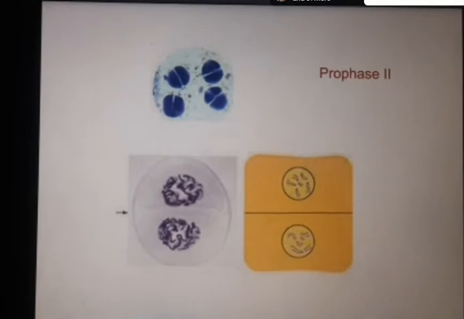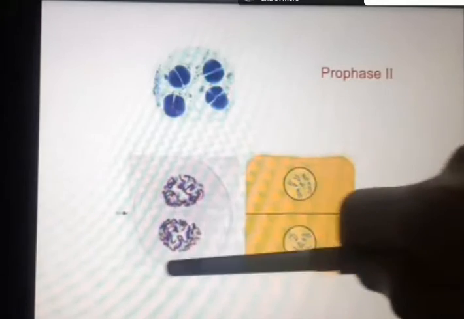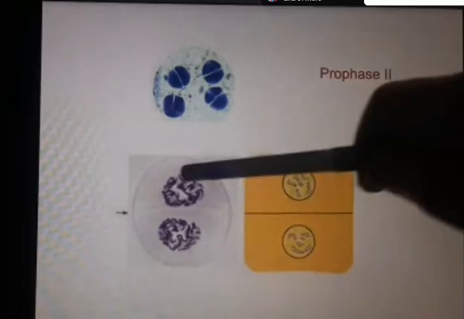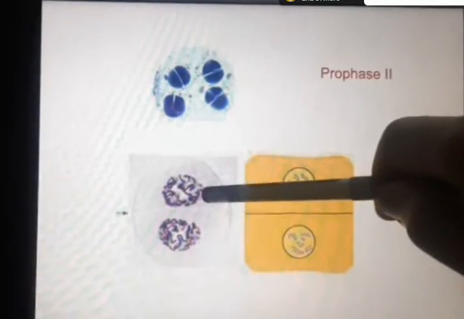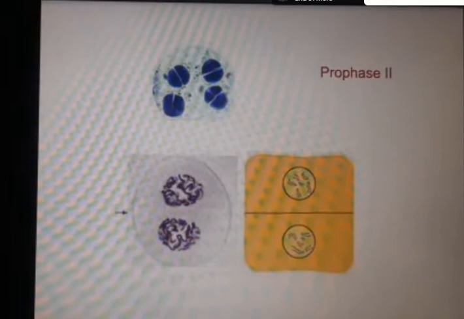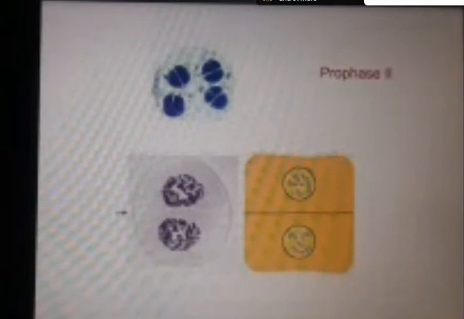Here you can see the prophase second stage. Here it's very clear in this particular stage. You can see the two cells, and the chromosomes are totally dark in structure. There is no kind of thickening or anything like that. The chromosome shape and size will be the same as in case of the telophase second.